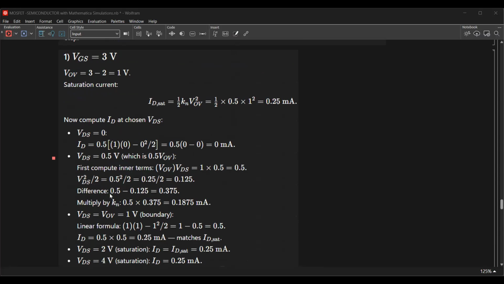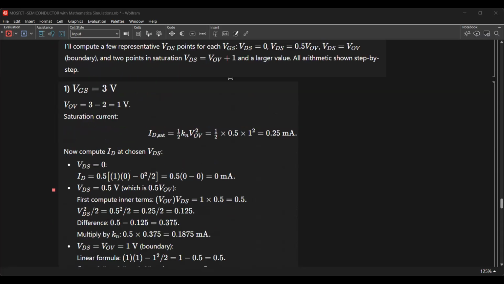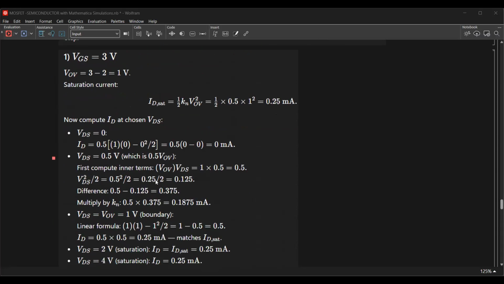So the difference here, using this formula, the linear ohmic region, is 0.375 multiplied by Kn, that is 0.1875. So let us see if this is really true.